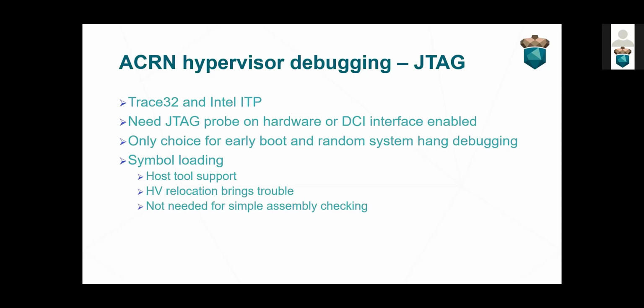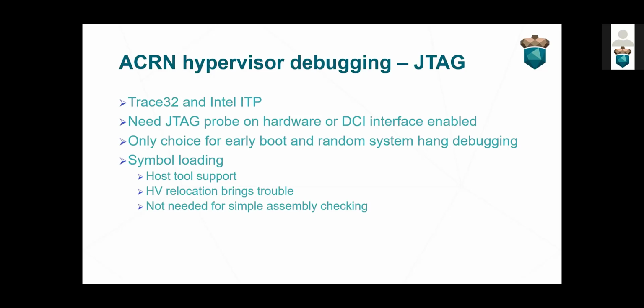When we build ACRN, we define our start address, but on the real hardware it could be loaded at a different address. So all the symbols are built based on the build address, but the runtime address could be another address. So there's some offset between the runtime symbol and the static symbol. So you need to figure out the delta there.